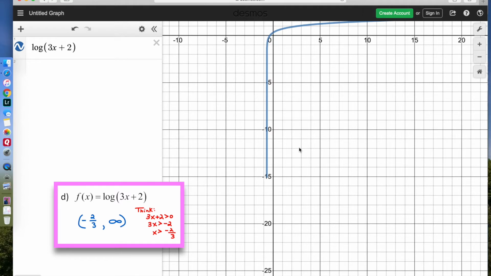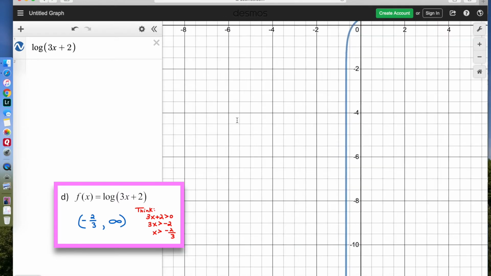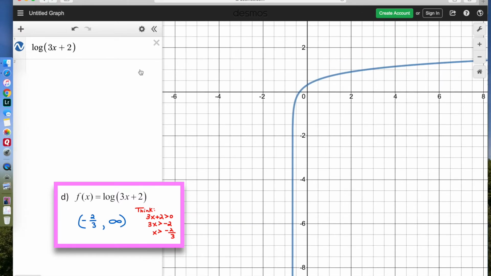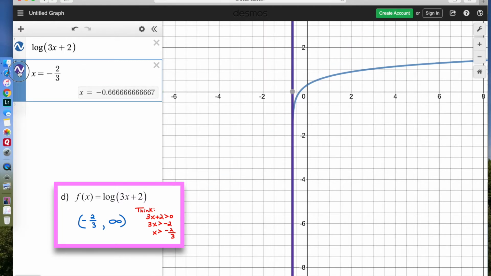computed in the other portion of the video is that the asymptote here is at negative 2/3. And again, if I want to double check, I don't know why my computer froze. If I wanted to double check to see that that's really where the asymptote is, I can again graph that line x equals negative 2/3, and that should give me an idea that the asymptote is approximately the same place.